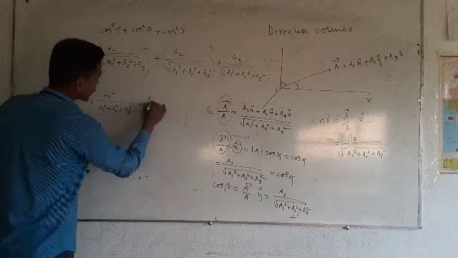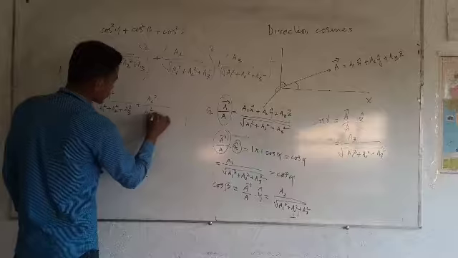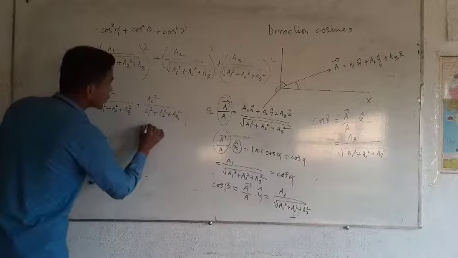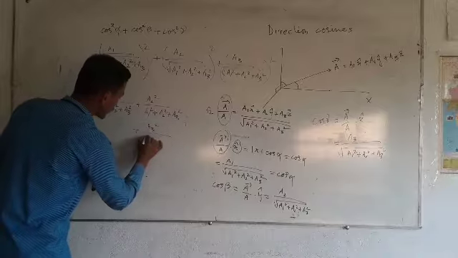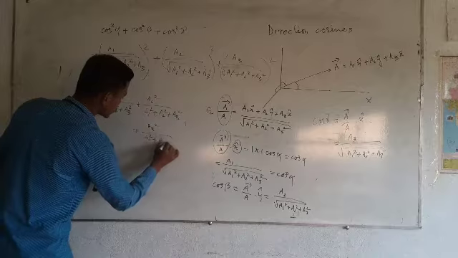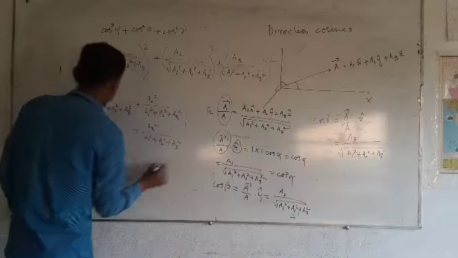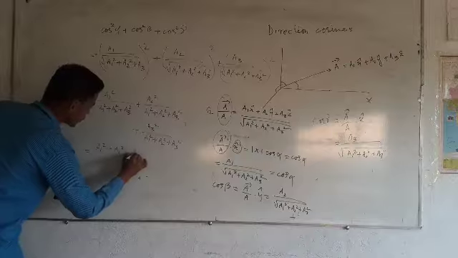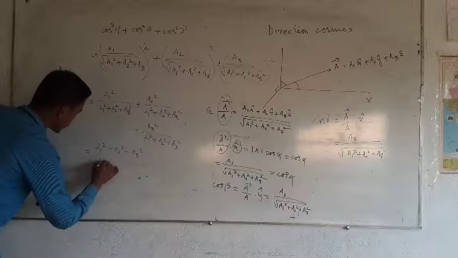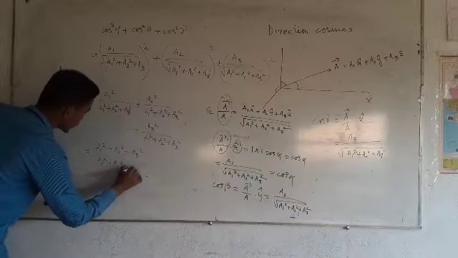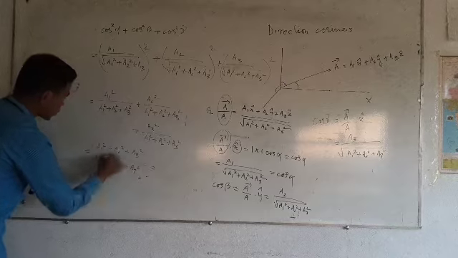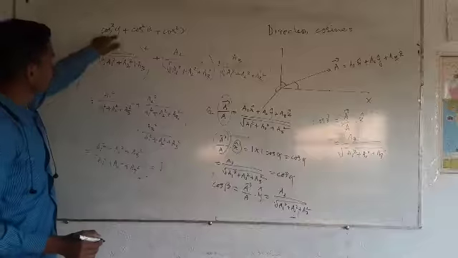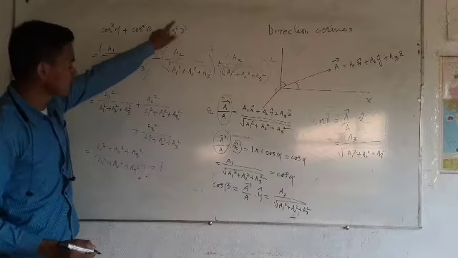This equals A1 square plus A2 square plus A3 square divided by A1 square plus A2 square plus A3 square. That is, adding cos square alpha, cos square beta, and cos square gamma yields 1.